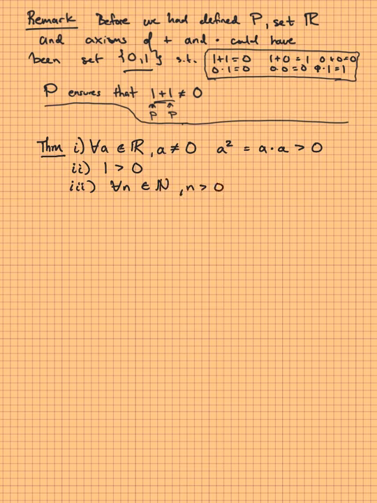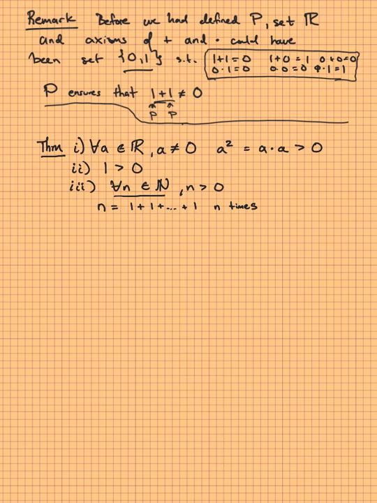So it's a reasonable question to ask what n is here, because I defined R as the set satisfying these axioms. I haven't told you how the natural numbers sit in this set. So n is just going to be 1 plus 1 plus 1, n times.